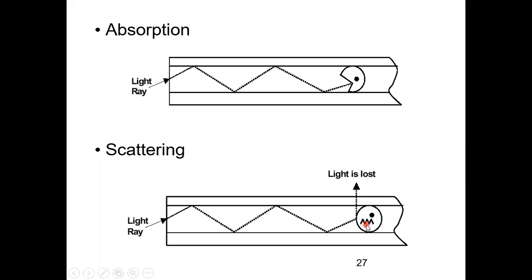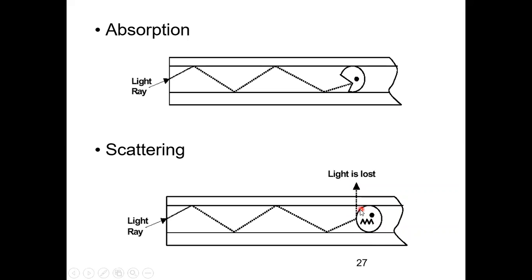Here also some impurity is there, but what will happen is that when the light ray strikes that particular impurity, it will bounce, or you can say it is scattered, and that scattered light is eventually lost, or you can say it escapes the core and enters the cladding. So finally I have the loss of signal.